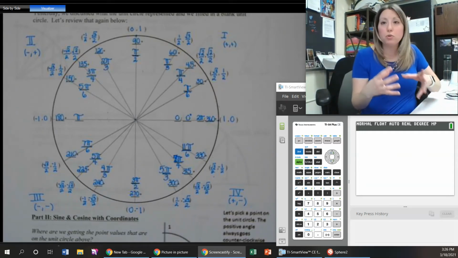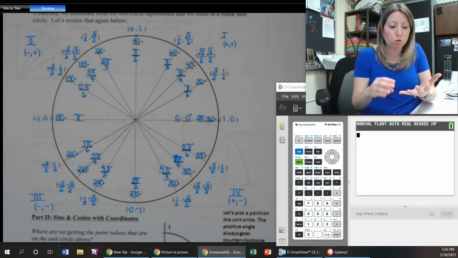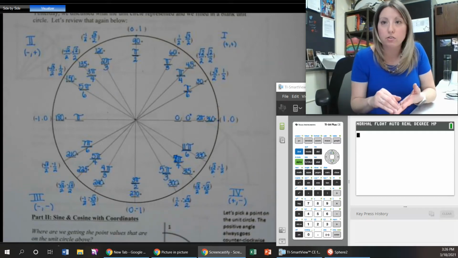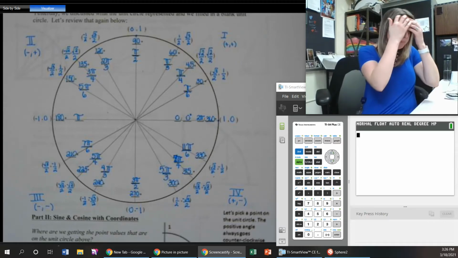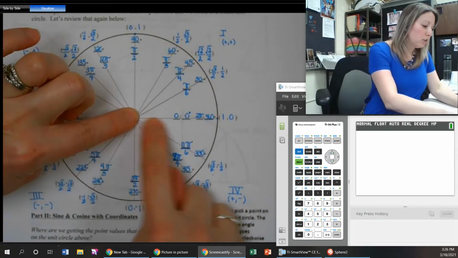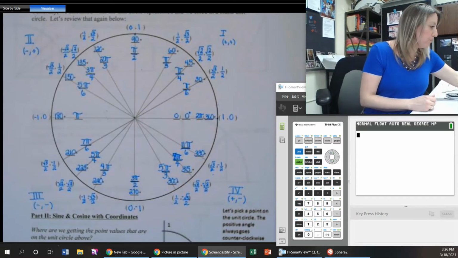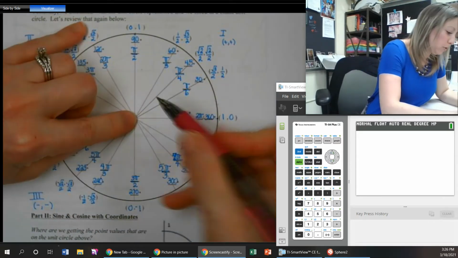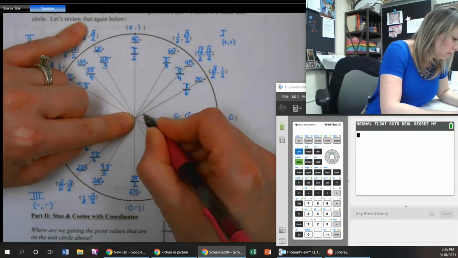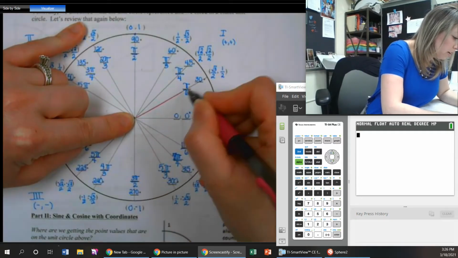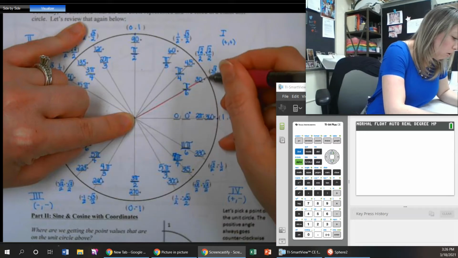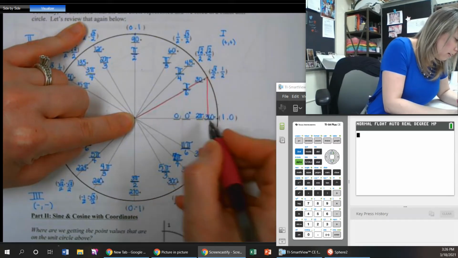And it has to do with what I was talking about when it comes to the 30, 60, 90 right triangles and the 45, 45, 90 right triangles. Okay, so if I just look right here at this right triangle, this 30-degree reference right triangle, go from here to here, and I pull my altitude down right here.